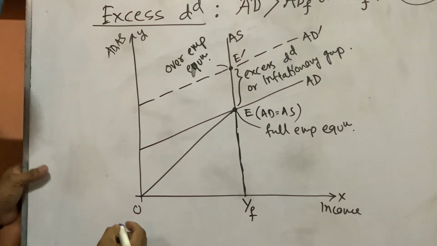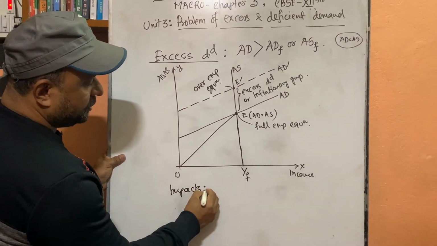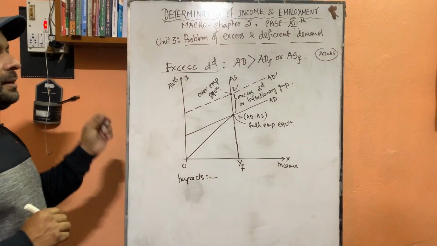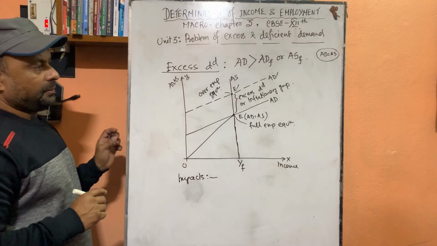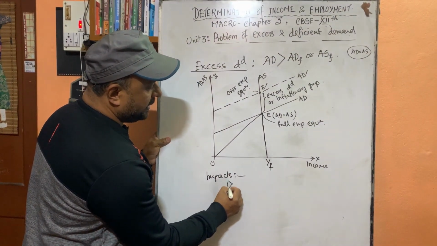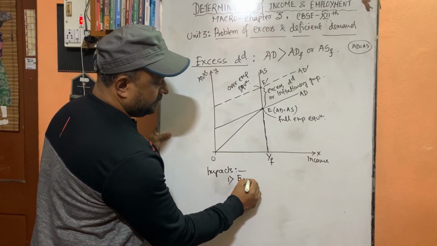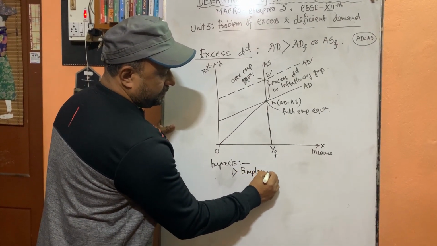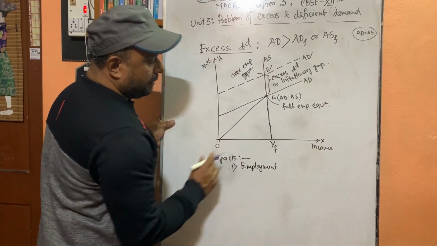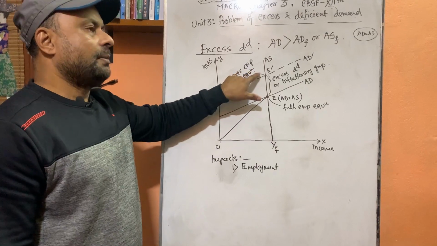Now, its impacts on the economy. What happens when there is excess demand in the economy? Number one, impact on employment. This excess demand situation arises after the full employment level.